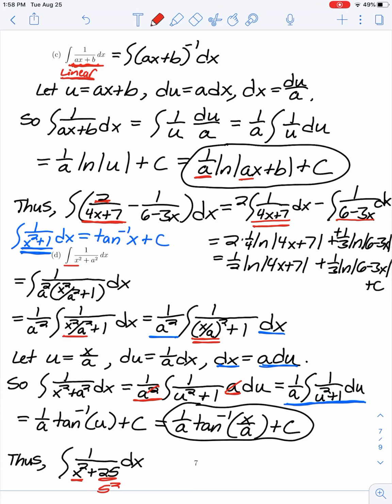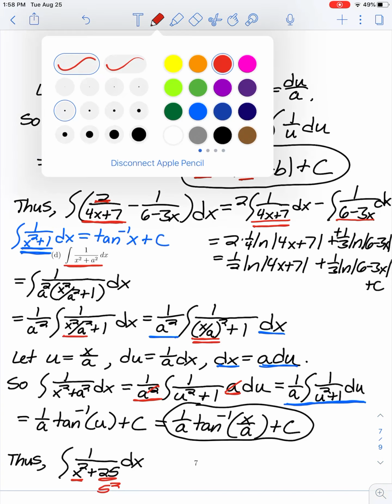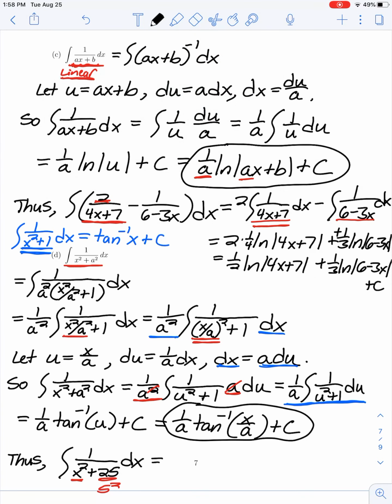So this has exactly the form of this integral that we were just looking at, where a is 5. So using this formula that we derived, our antiderivative would be 1/5 times arctangent of x over 5 plus c.